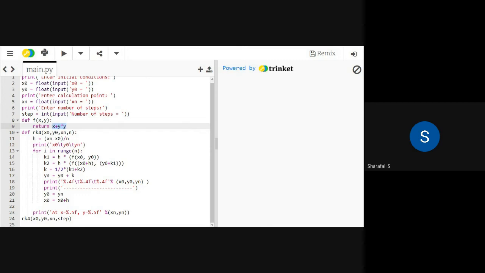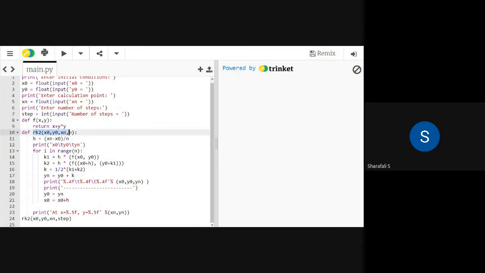So I define that function, and then we have to consider the second order Runge-Kutta steps. I'll put it as RK2. RK2 stands for the second order Runge-Kutta function.